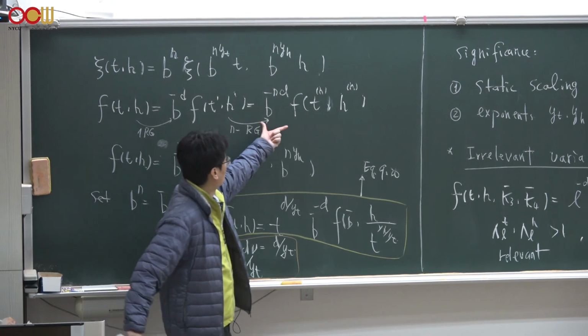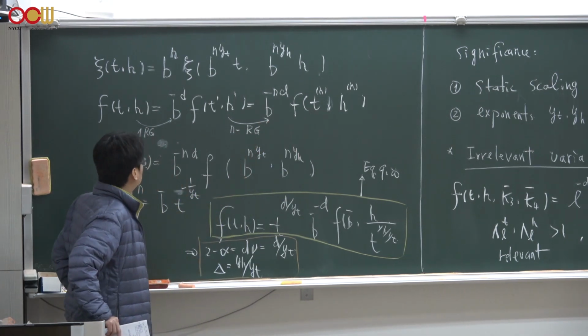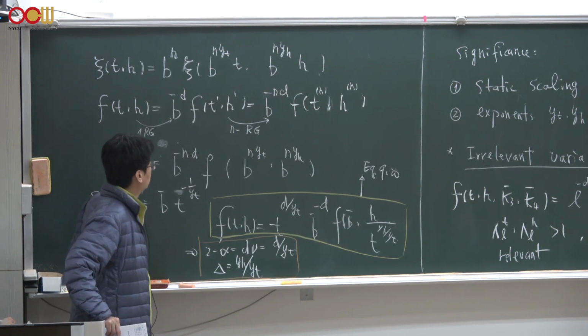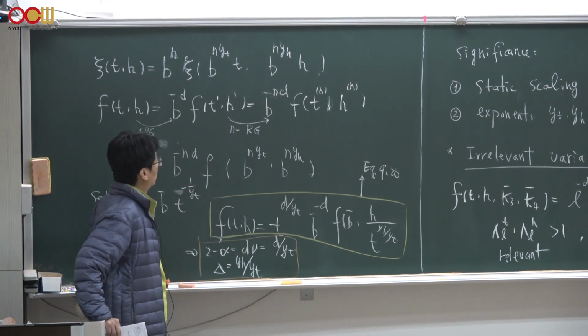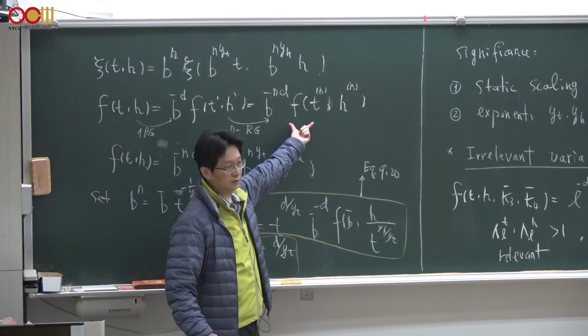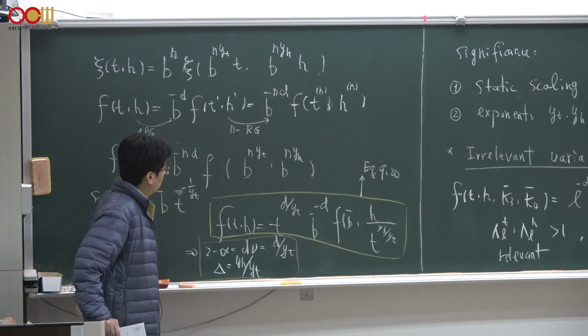Under n RG transformations, the free energy density carries a factor of b to the power of minus nd, multiplied by the free energy density in the rescaled variables.